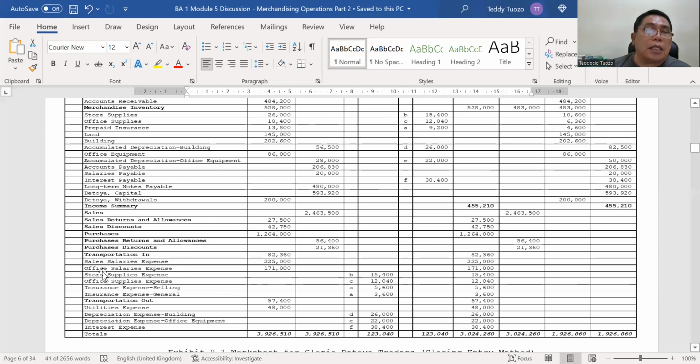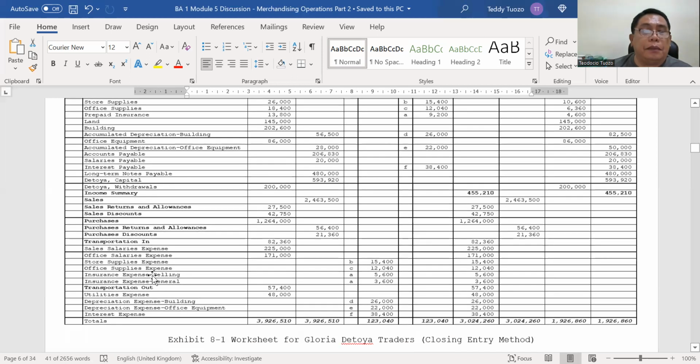Sales salaries and office salaries are new and identical only for a merchandising business, but they are still salaries expense in a service concern, except that they are classifying the salaries for the store and for the office or admin functions.